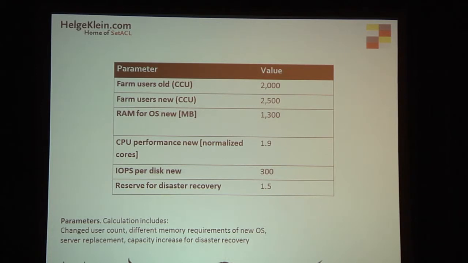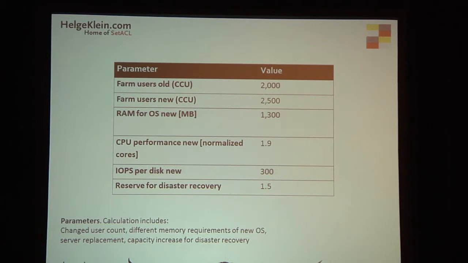And to get to the number of disks we need, we know the IOPS, but we really need the number of disks. For that, I said if you buy 15K server disks, they might be able to deliver 300 IOPS. That might be a little bit higher.